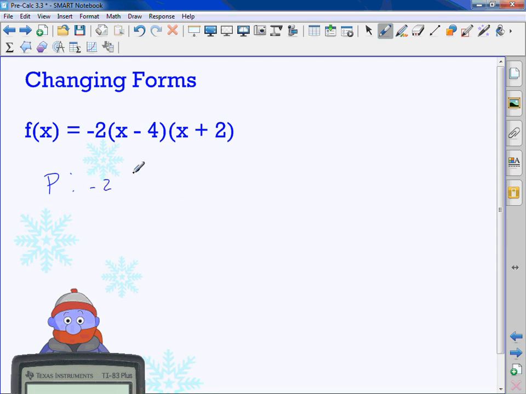So I have -2 times whatever this is. What's x minus 4 times x plus 2? It's not minus 8x. I have x times 2 is 2x. -4 times x is -4x. So -2x. And then the last term here is -8.